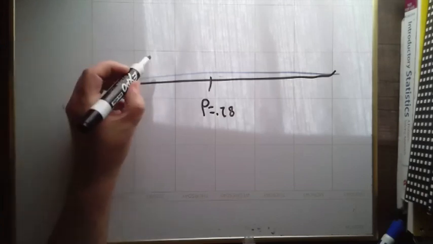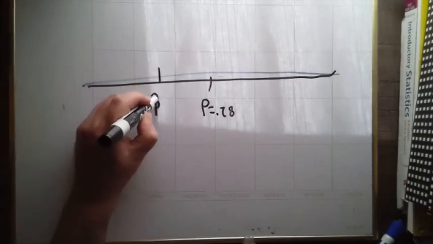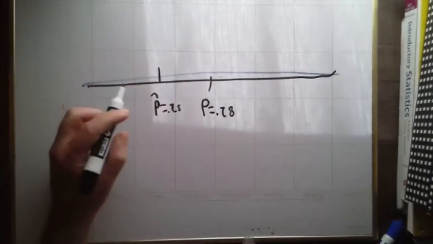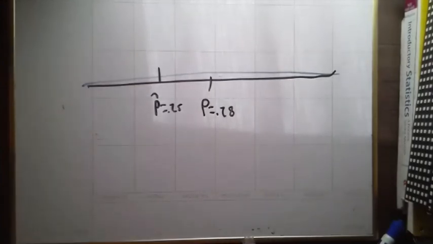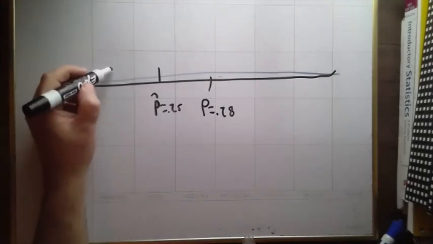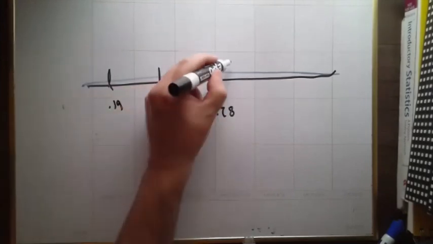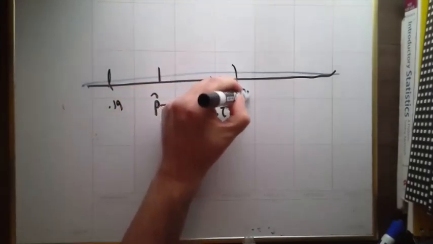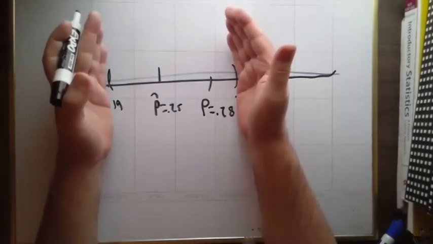I just went out and I did a confidence interval, and that confidence interval said 25, right in the middle. That's what the sample told me. And then I had to leave a little wiggle room on there. So I went, I think it was down to 19% and up to 31%. And I said, I'm 95% sure the real answer is someplace between here and here.